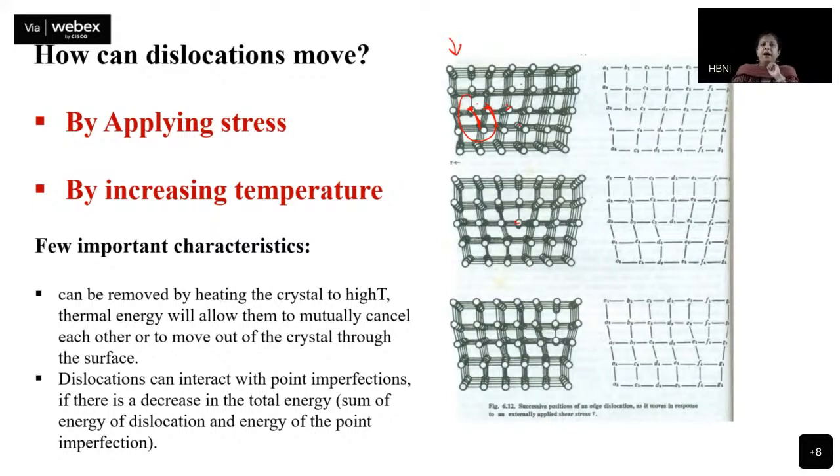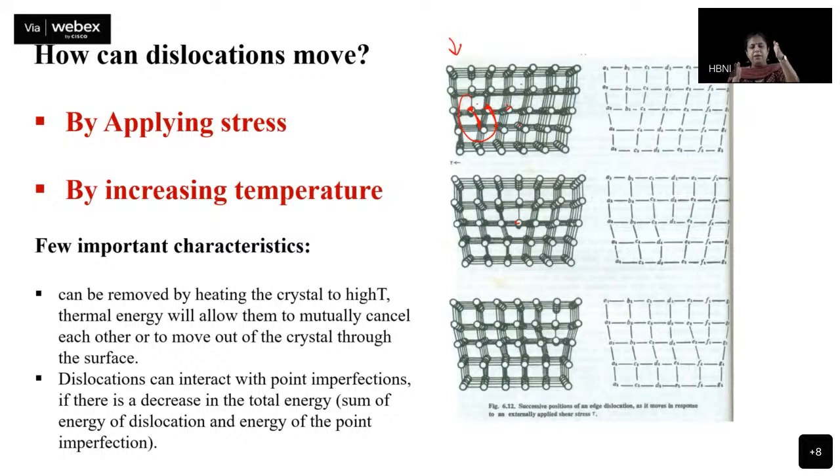Okay, and a very interesting thing is that these dislocations can actually annihilate among themselves also. How? For example, I told you what an edge dislocation is. It is ultimately a half hanging plane of atoms. Suppose you had two edge dislocations lying nearby. One was starting from the top and parting midway, and the other was starting from the bottom and parting midway.